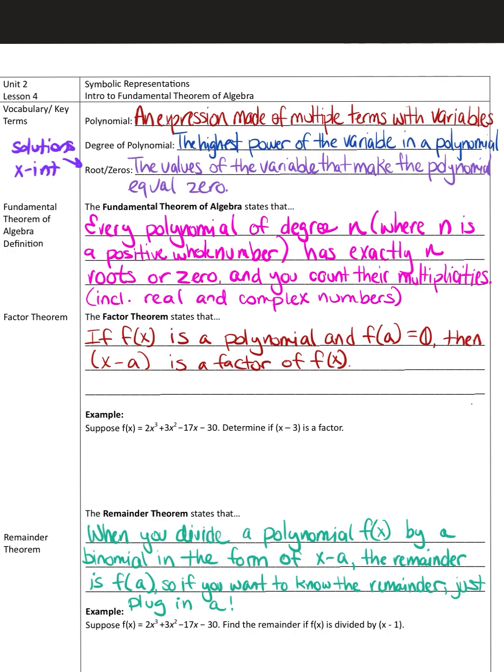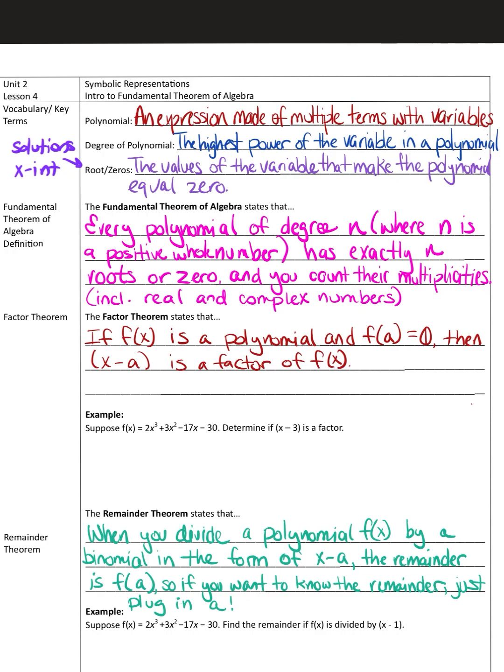This is a mouthful, but all it's saying is if I have a third degree polynomial, then I have 3 zeros or 3 roots for that polynomial. If I have a fifth degree polynomial, then I will have 5 zeros or 5 roots for that polynomial.